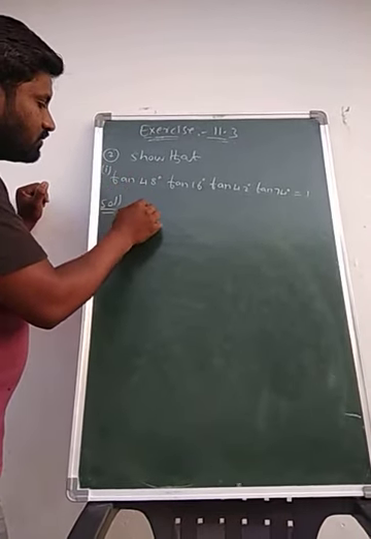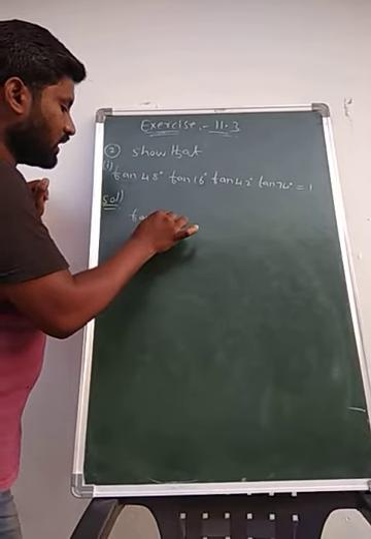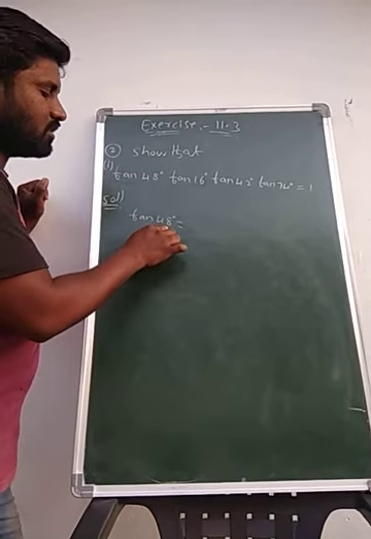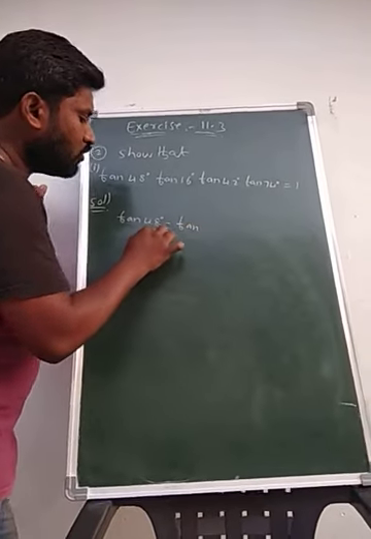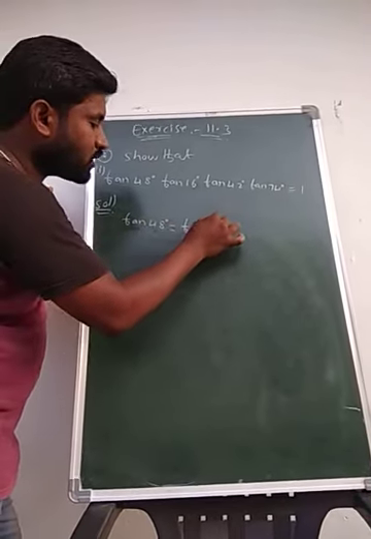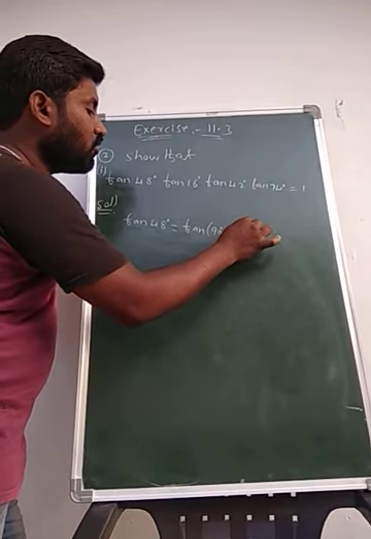First of all I am taking tan 48 degrees. Tan ratio means I'm writing tan ratio only. 48 degrees we can write as 90 degrees minus 42 degrees.